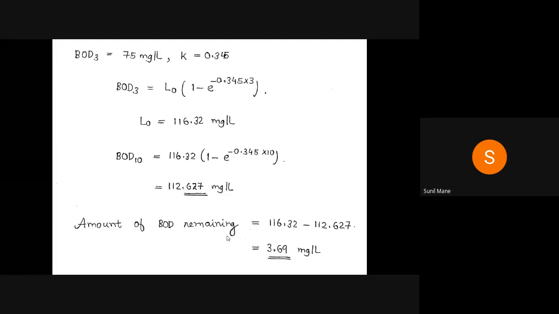Now the next problem. First of all, understand the problem, and then the calculations are very easy. The problem they have given is that BOD has been determined. The wastewater sample is taken, and after taking the sample, the BOD is determined with respect to 3 days.